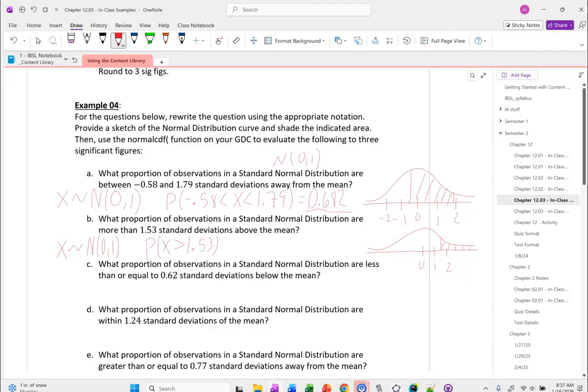So the binomial CDF has to have less than or equal to. If you're doing inverse norm, that is only going to give you the less than or equal to. But if you're just looking for a probability for a normal, it doesn't matter how the inequality is written, you can just use it. So go ahead and put that in your calculator and see if you get the number to come out. Sure.